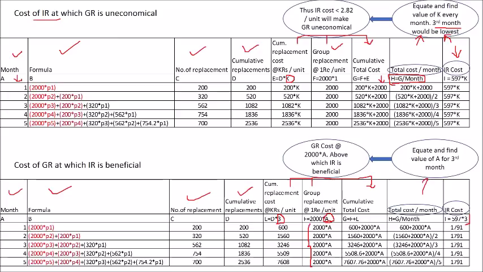When I equate these two columns, I get the value of A, which will be something above 1. If you find the value of A, it is the cost of group replacement at which individual replacement would be economical.